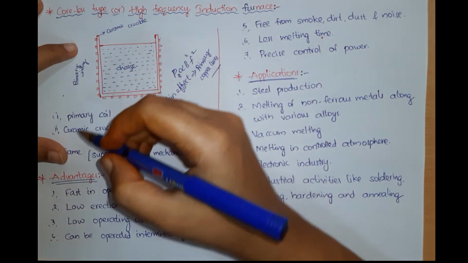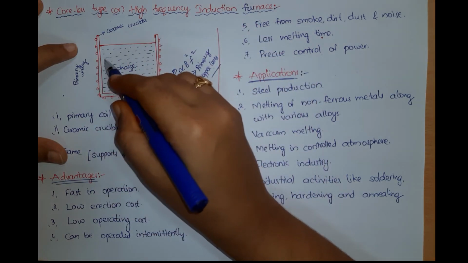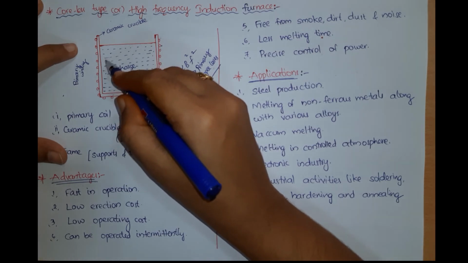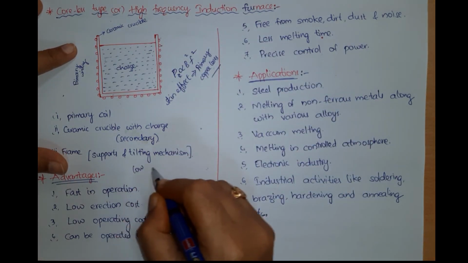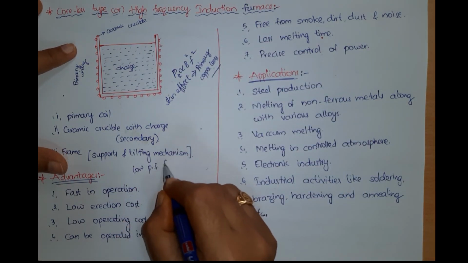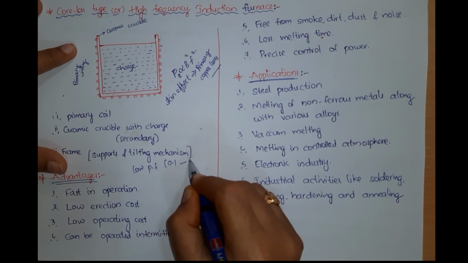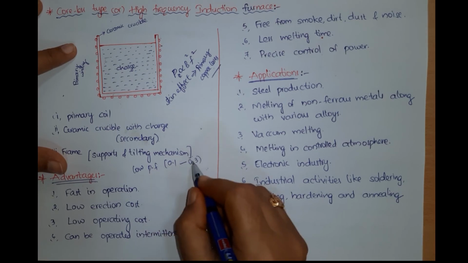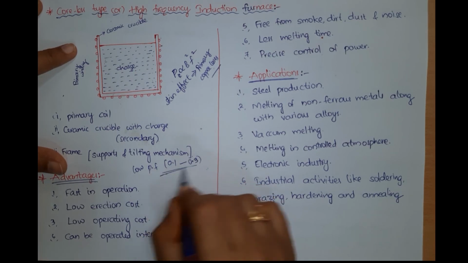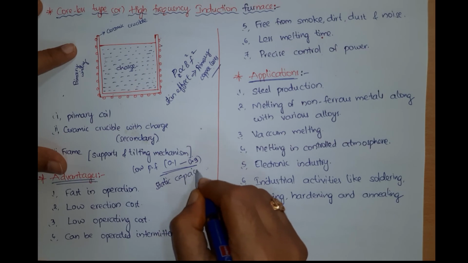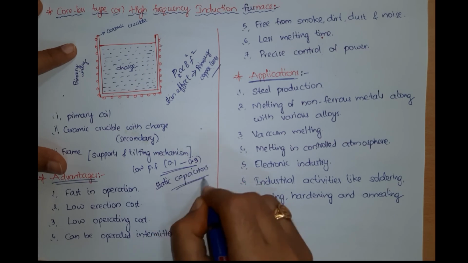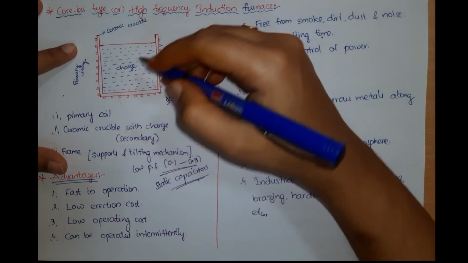Now, as the magnetic coupling between the primary and the secondary winding is very low, the furnace power factor is also very low, only about 0.1 to 0.3. To improve the power factor, static capacitors are used in parallel with these furnaces.